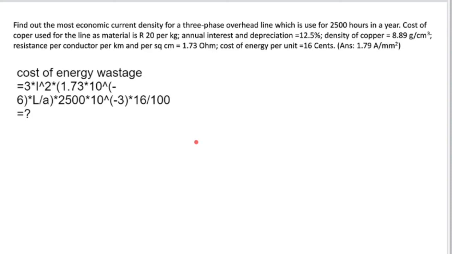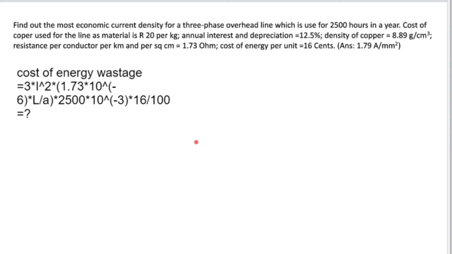Otherwise, it's correct. Yes, I squared L, 2.076 times 10 to the power minus 6 over A. At the denominator, only A is there.